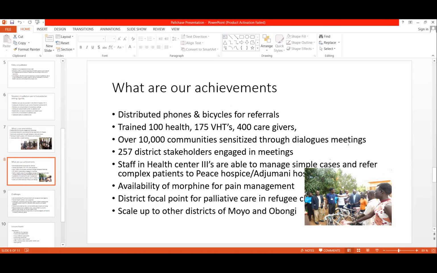And the district has got what we call a district-led palliative care focal person who sits with the district to plan for issues related to palliative care, voicing the issues of the voiceless, so that it's being heard and it's being budgeted for. We have scaled up palliative care, not only in Adjumani as a district, but we have moved to the next districts where the refugees are also being hosted, that is Obongi and Moyo districts.